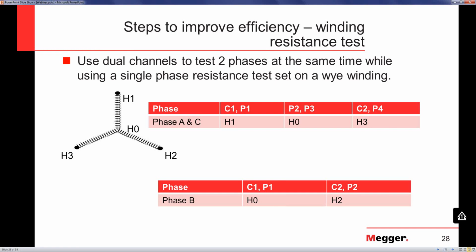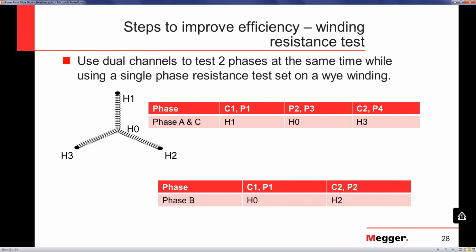You typically do it on A and C phases together. So A phase lies between H1 and HO. You inject the current into H1, and you connect the other current lead to H3. The current goes in from H1, goes out from H3, and you measure the voltage drops between H1 and HO and HO and H3.